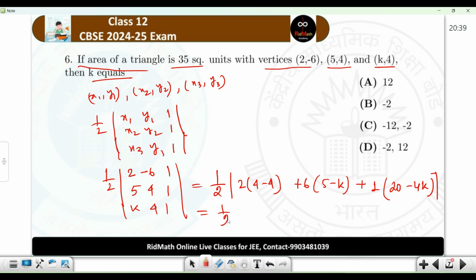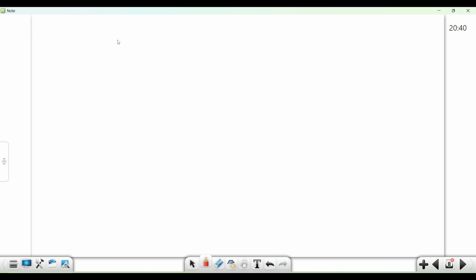So that is equal to half of (30 minus 6k plus 20 minus 4k), mod. This is equal to half of (50 minus 10k), so half of mod 50 minus 10k. This is equal to 35, given.